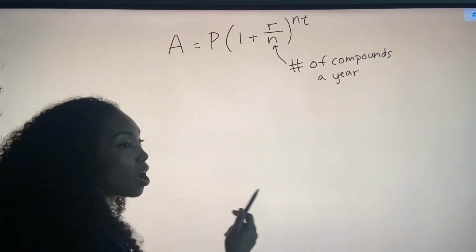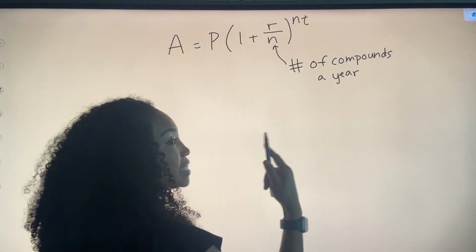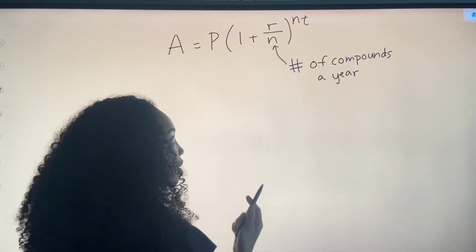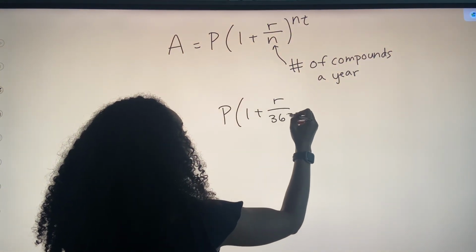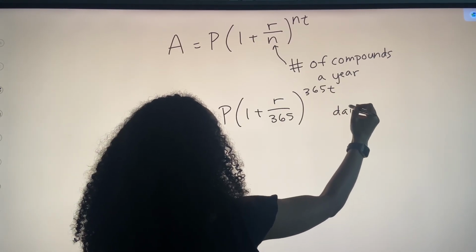How many times is it compounding a year? Okay, so guys, if it's compounding daily, that's happening 365 times a year, okay? So that means your formula would be 1 plus r over 365, to the power of 365 times t. This is if it's compounding daily.